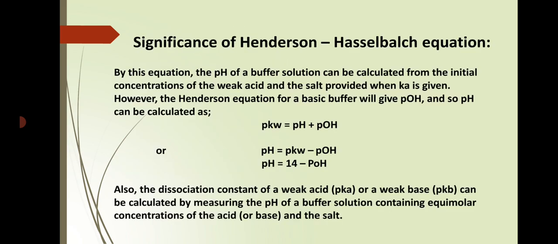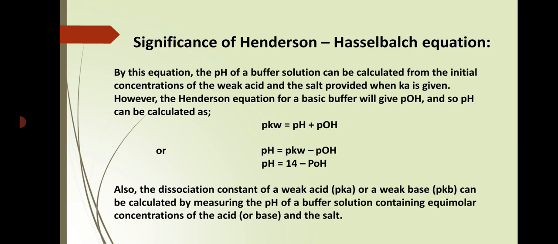Now, the significance of the Henderson-Hasselbalch equation. By this equation, the pH of a buffer solution can be calculated from the initial concentrations of the acid and the salt provided when Ka is given. However, the Henderson-Hasselbalch equation for a basic buffer will give pOH, and so pH can be calculated as pKw is equal to pH plus pOH, or pH is equal to pKw minus pOH, that is pH is equal to 14 minus pOH, as the value of pKw is 14.